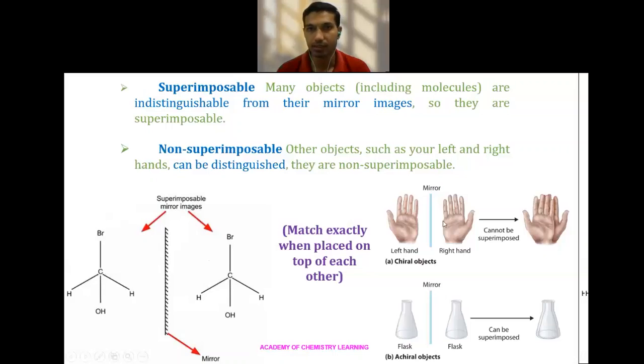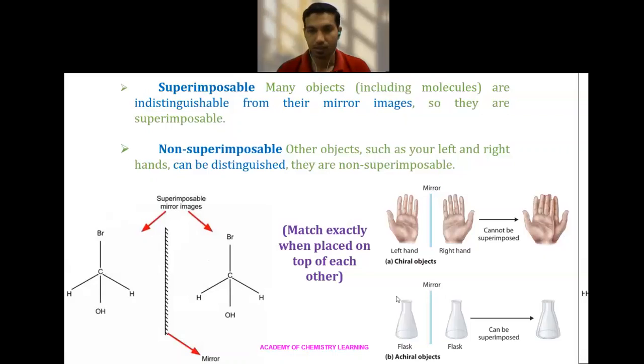Both are completely different from each other, or you can say they are distinguishable. You can separate out that this one is the left hand and this one at the bottom is your right hand. So they are non-superimposable, which means they cannot be exactly matched with each other when you overlap one over the other, and so they are chiral objects.